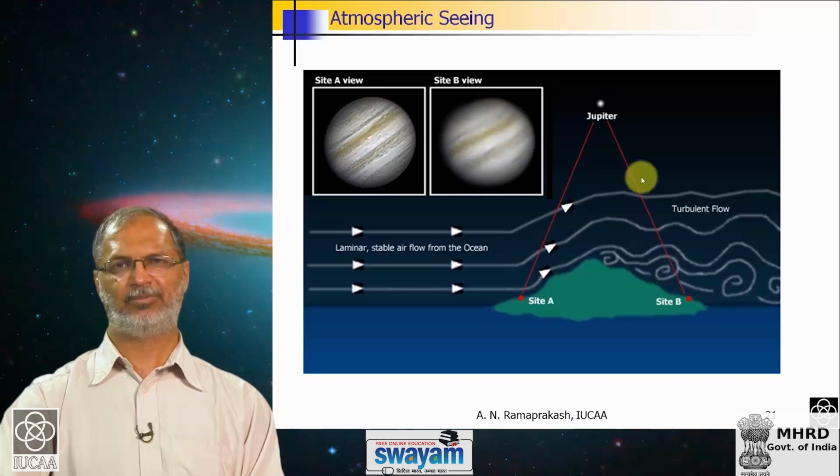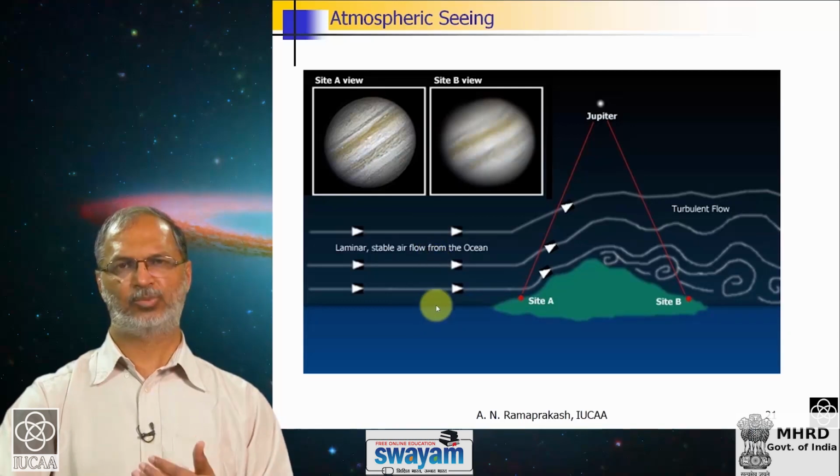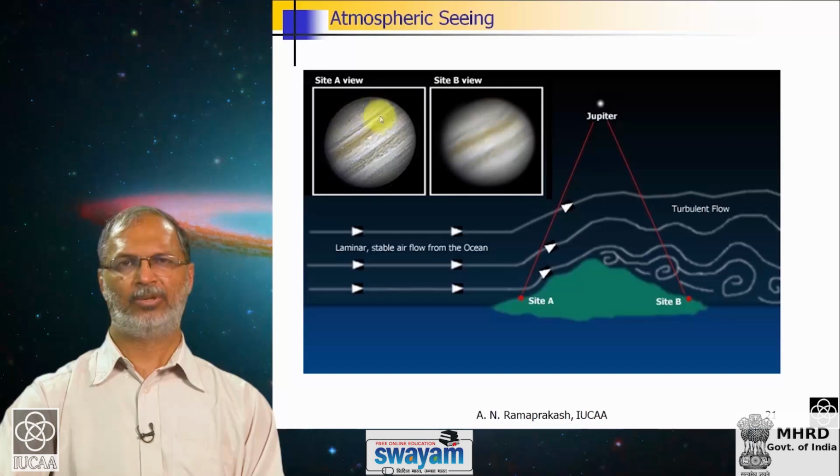And what happens is, when light passes through the atmosphere, if it is passing through this part which is very smooth flowing, you can see exquisite details of objects in the sky. On the other hand, if this light is passing through parts of the atmosphere which are turbulent, the image quality deteriorates, and the details which you can see of celestial objects considerably deteriorate, and this effect is called atmospheric seeing.